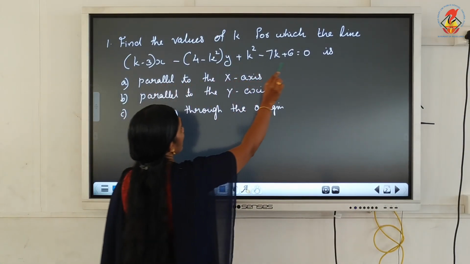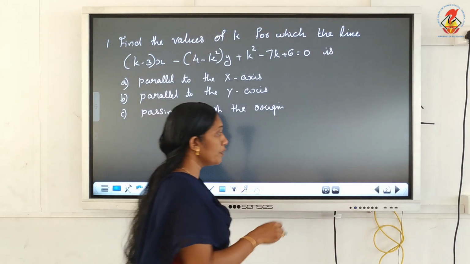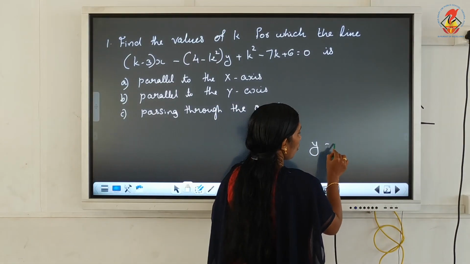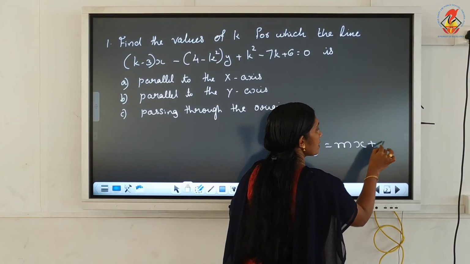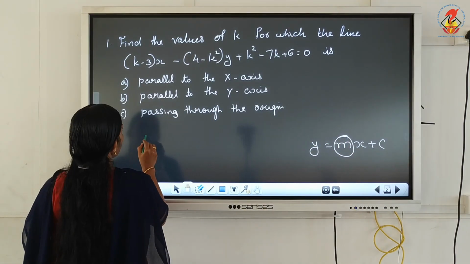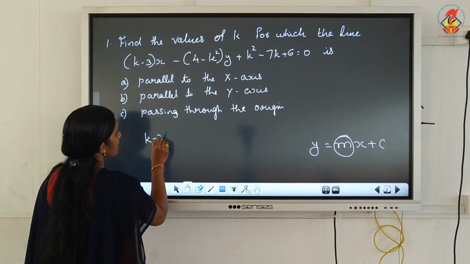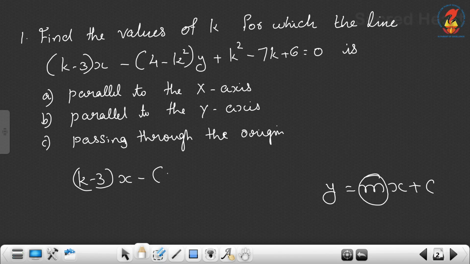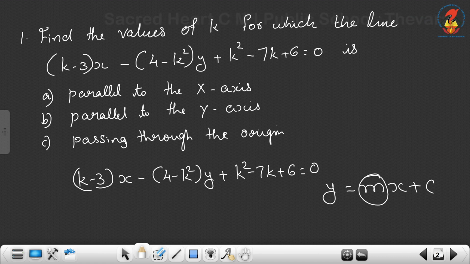So, before that, write the equation. We have to reduce the equation to the form y is equal to mx plus c. Then only we get the slope. So, the given equation is (k minus 3)x minus (4 minus k square)y plus k square minus 7k plus 6 is equal to 0. The y term we can take to the other side.